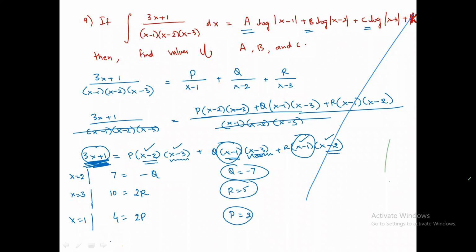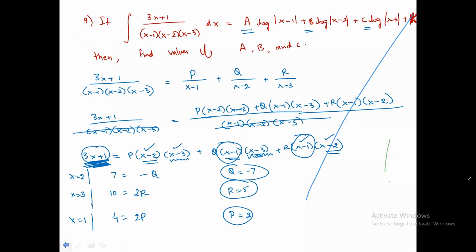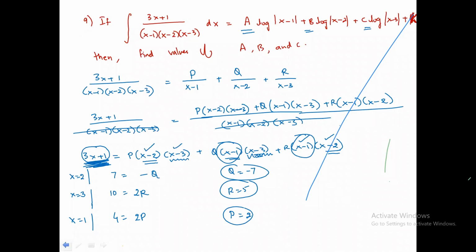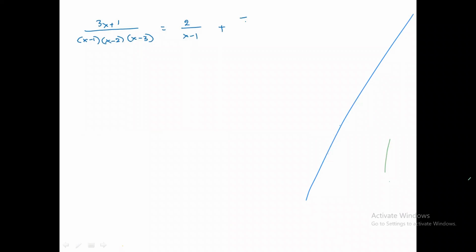So I got PQR. That means my fraction (3x plus 1) by (x minus 1) into (x minus 2) into (x minus 3) is, first P by x minus 1, that is 2 by x minus 1, plus next Q by x minus 2, minus 7 by x minus 2.